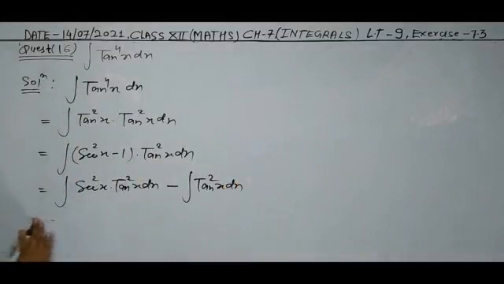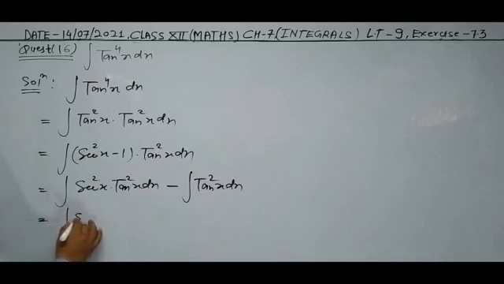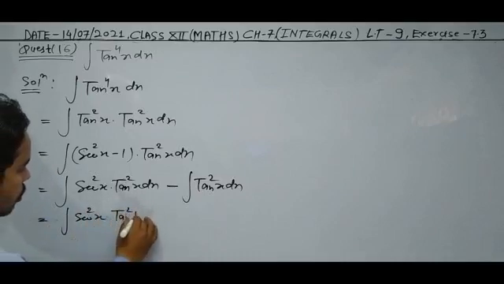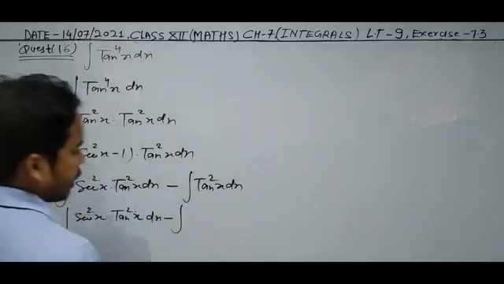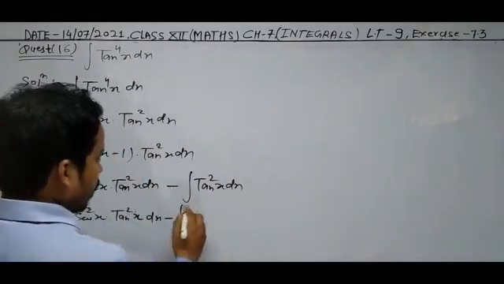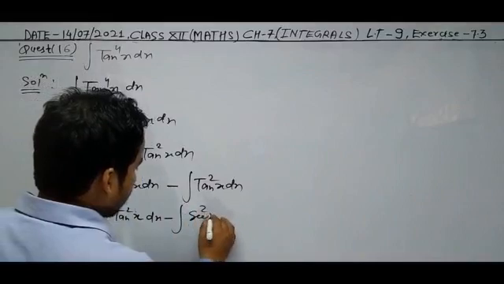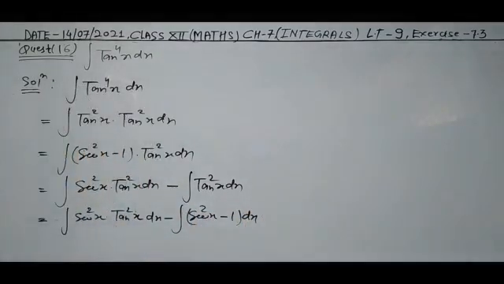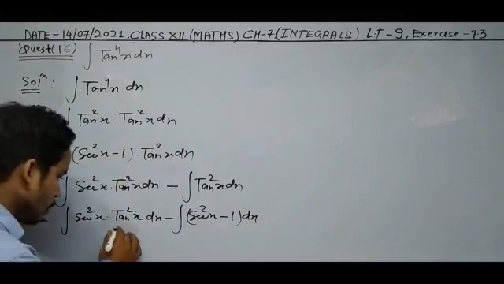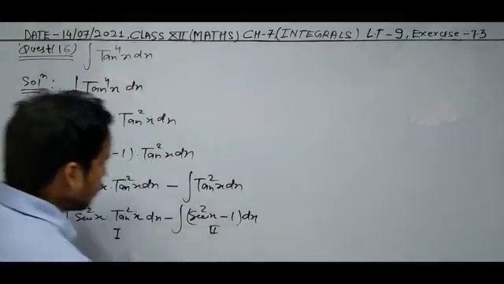Now again copy this part, sec square x into tan square x dx minus again sec square x minus 1 formula, so sec square x minus 1 dx. Now suppose this is the first part, this is second part, we have to integrate.